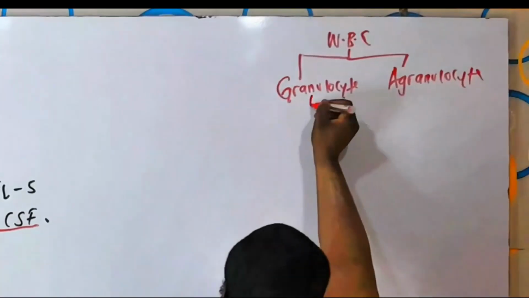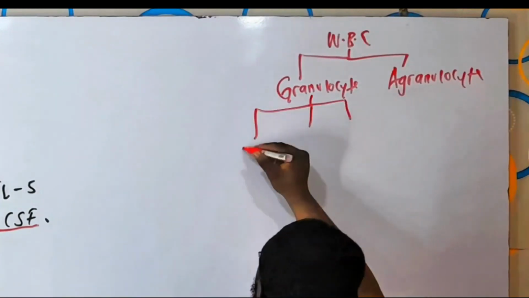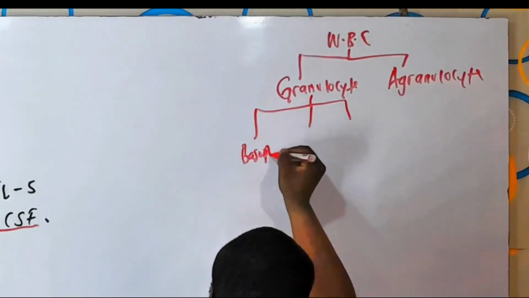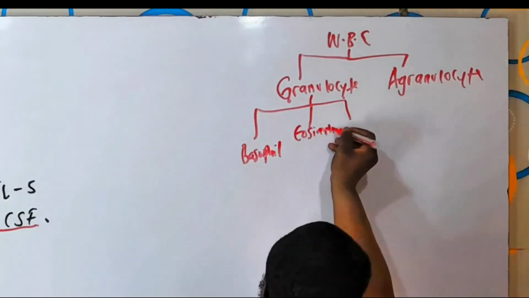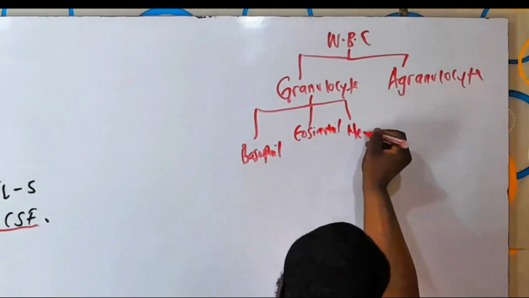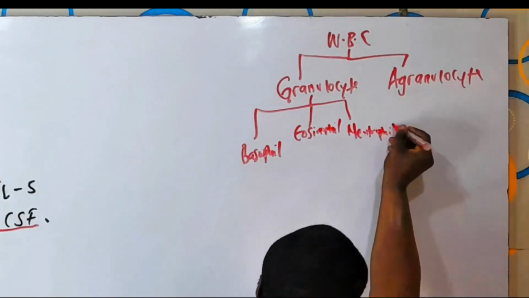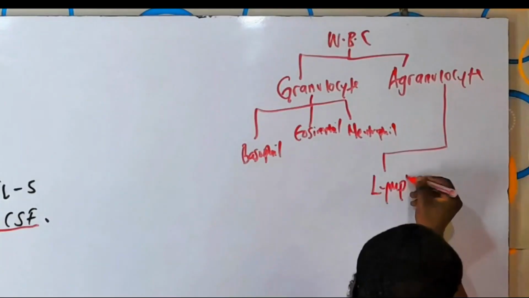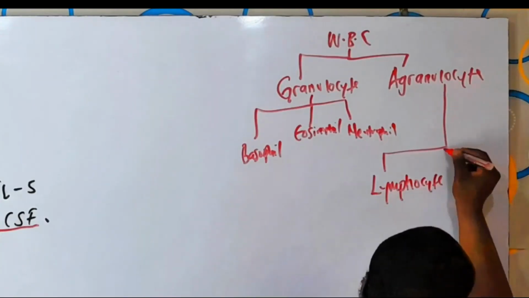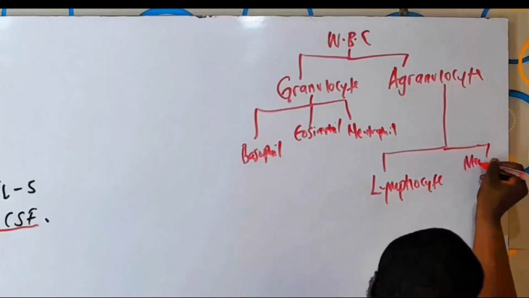We said the granulocytes are the basophil, eosinophil, and the neutrophil. And here we call them the what? The agranulocytes: lymphocyte and monocyte.